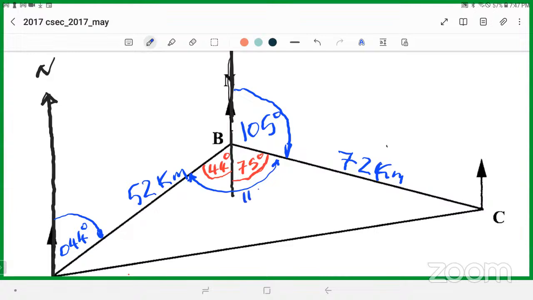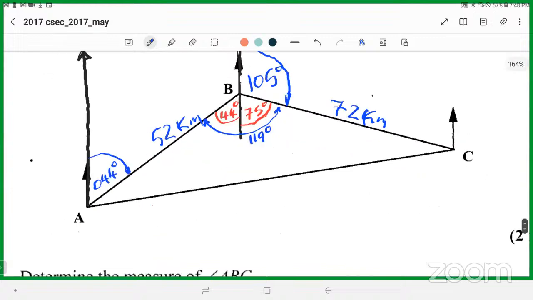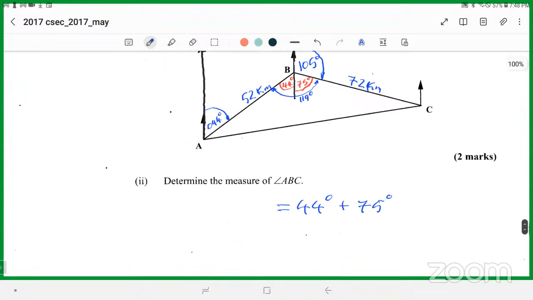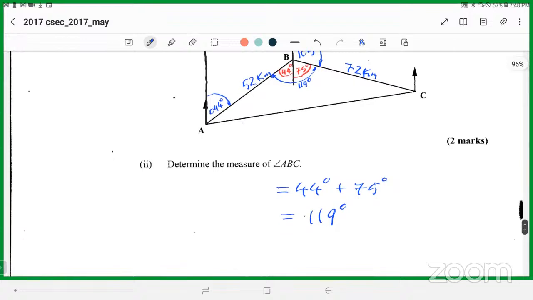That's right? So I'm going to say this angle equals 44 degrees plus 75 degrees, which is 119 degrees. All right? And I'm sure they're going to ask for AC now, because that's all that is left.